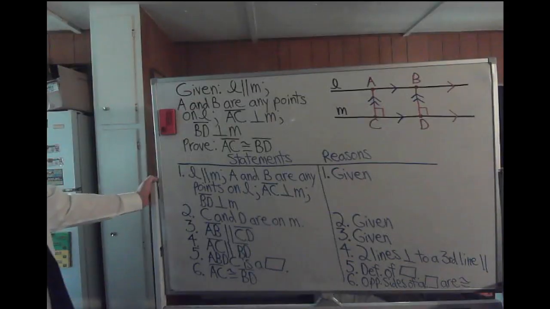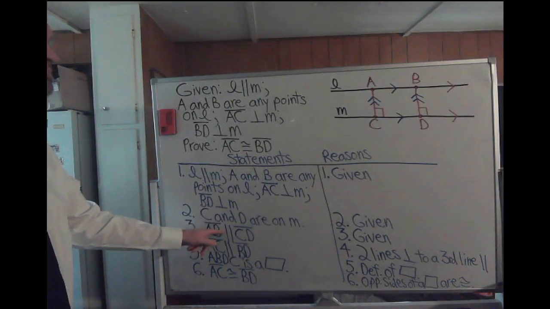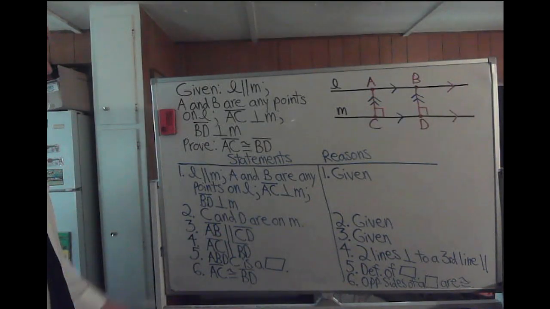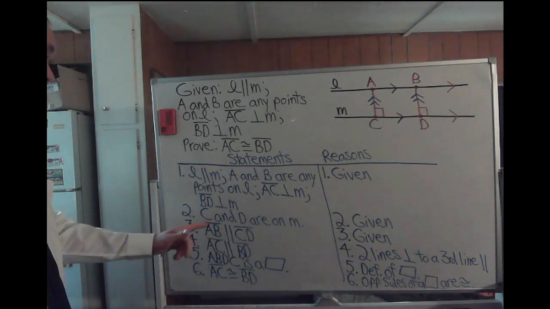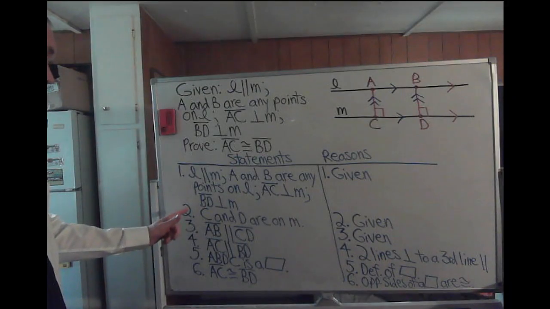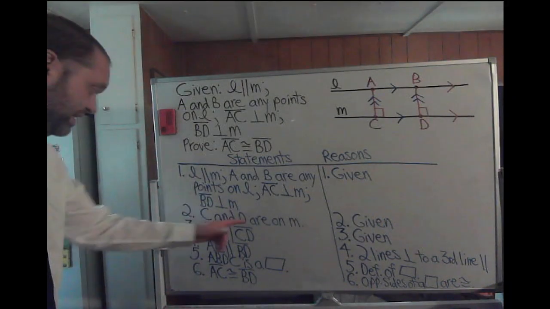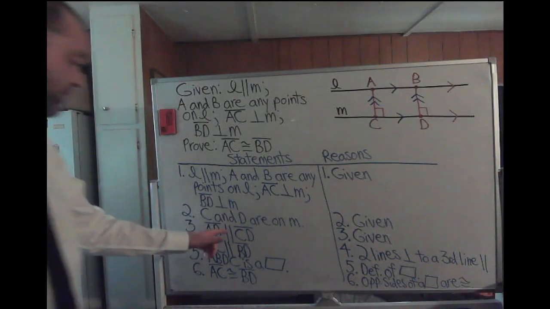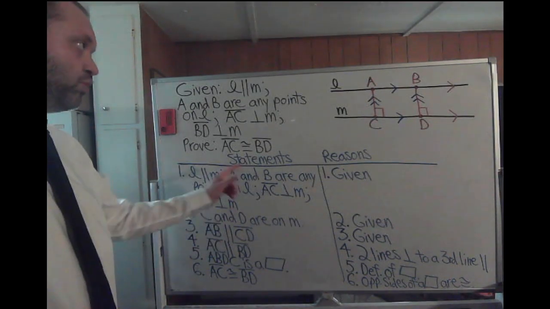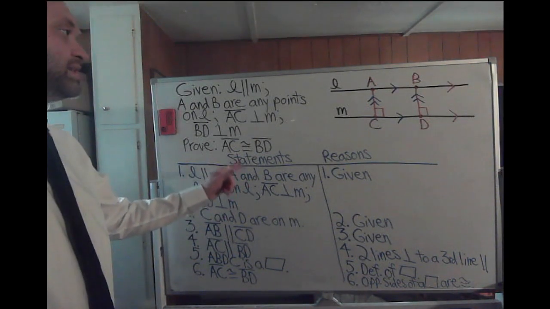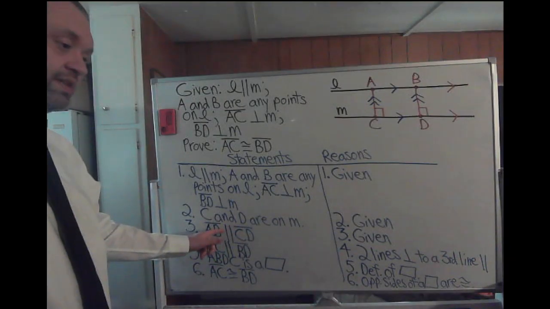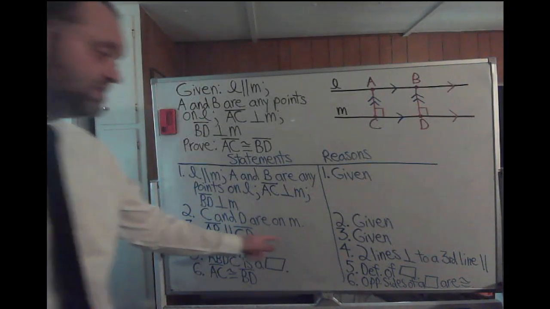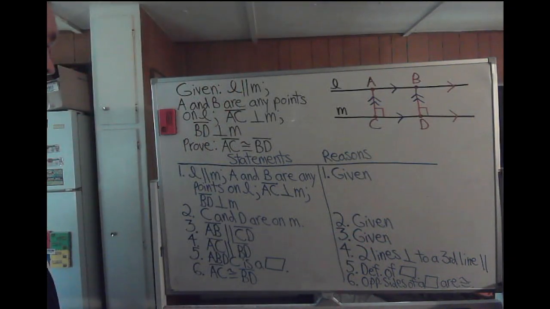So we were able to deduce for step 3 that AB is parallel to CD, because points A and B are on line L, and points C and D are on line M. So therefore, both points on one line are parallel to the points on the other, so AB is parallel to CD by given information.